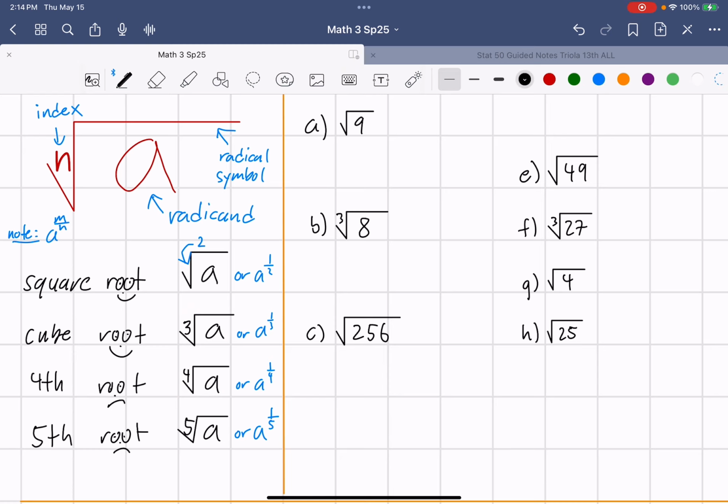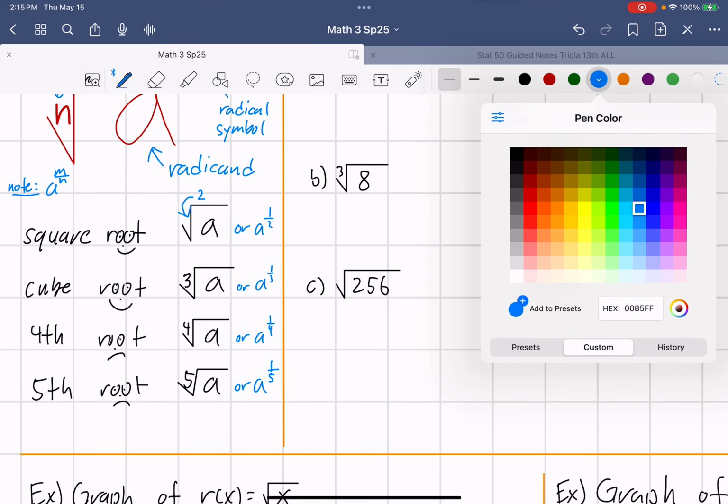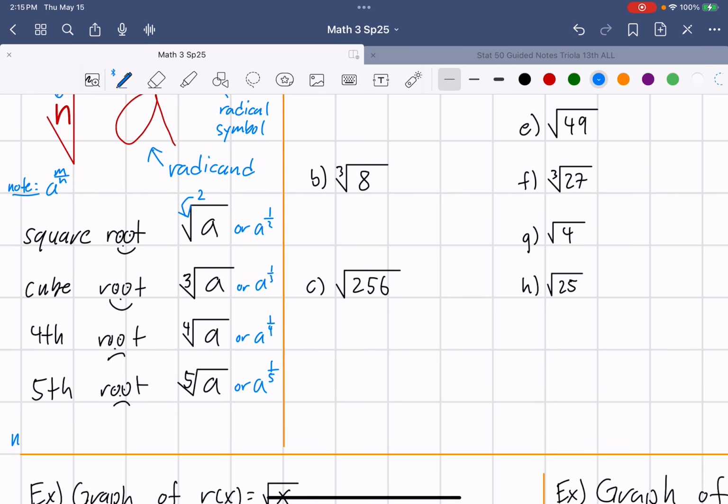And another note to make, just because we are going to be applying some of these operations: there's a neat rule, and this rule really comes from the rules of exponents, because like I said, a radical is an exponent.